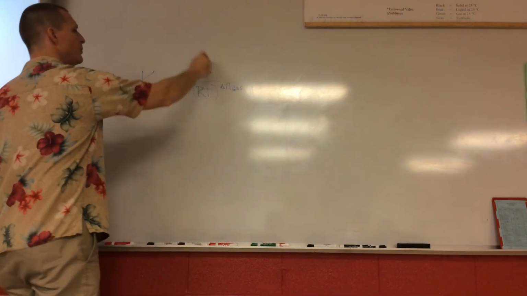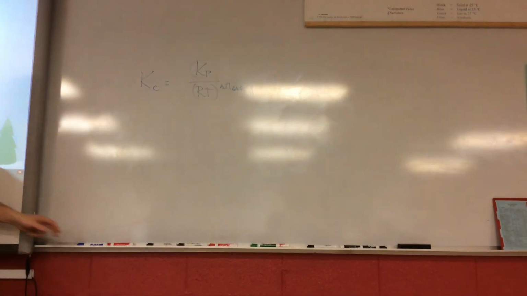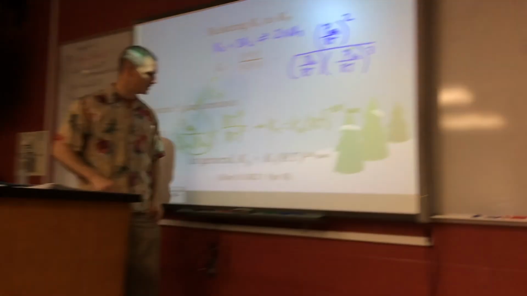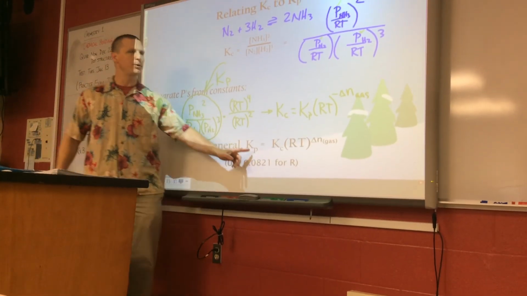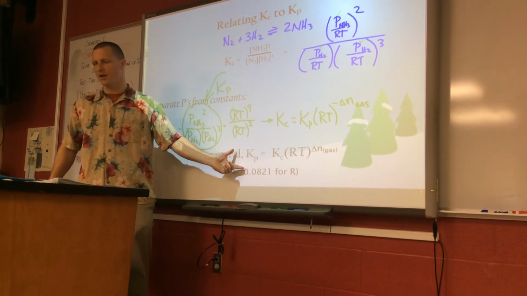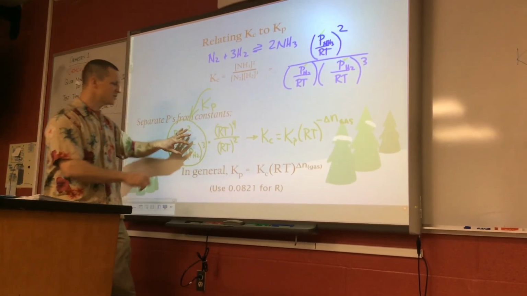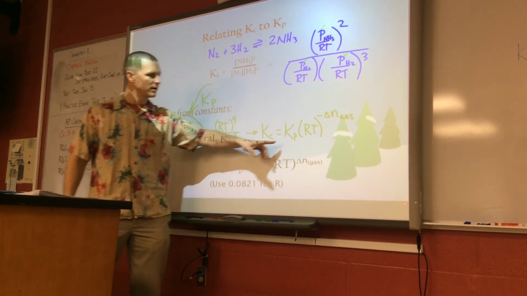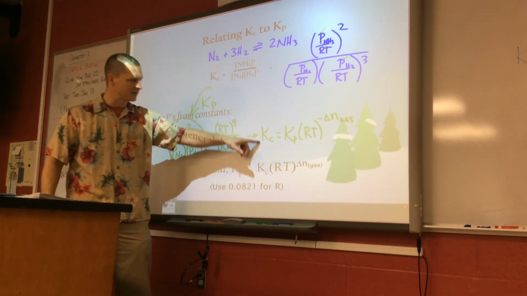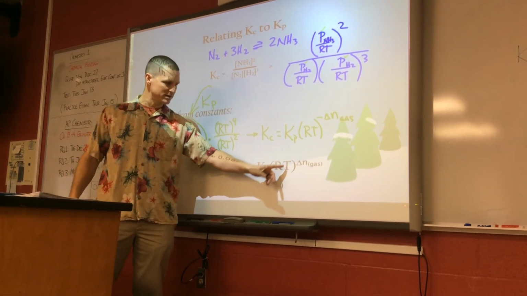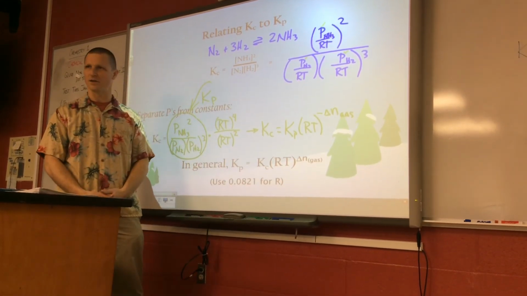If I solve it for KP, you're going to have to multiply both sides by that RT delta N. In general we normally solve for KP, which I've had in the middle of this the whole time. Now I'm getting it by itself, taking that RT to the delta N and moving it to the other side. So it's KP equals KC times RT to the delta N of gas.